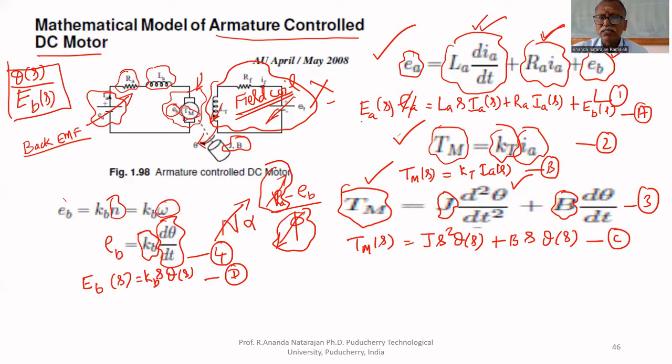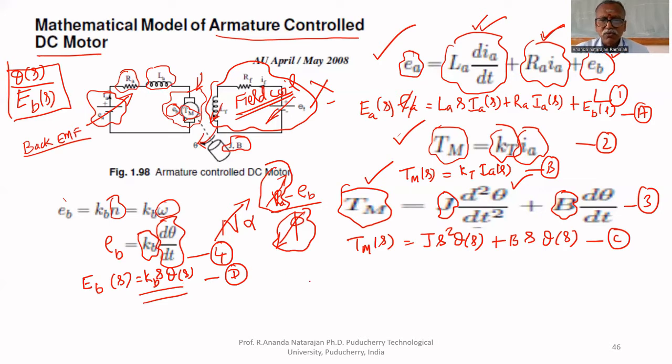So what we can do is take IA of S outside, and IA of S can be substituted from here. Then you can substitute Tm of S in that. Everything will be in terms of theta. Then in place of EB of S, if you substitute this, back EMF also comes in terms of theta.